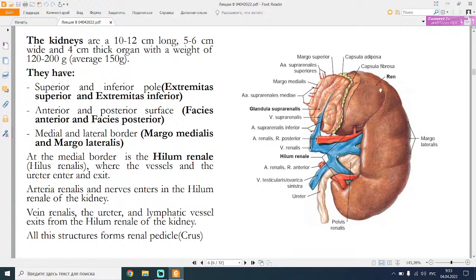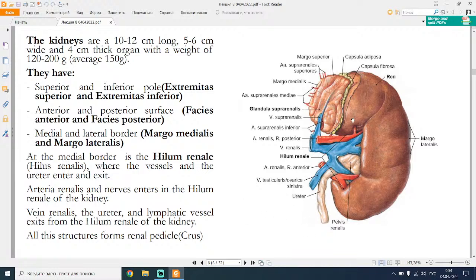They have a superior pole and inferior pole, extremitas superior and extremitas inferior, anterior and posterior surface, facies anterior, facies posterior, and medial and lateral border, margo lateralis and margo medialis.